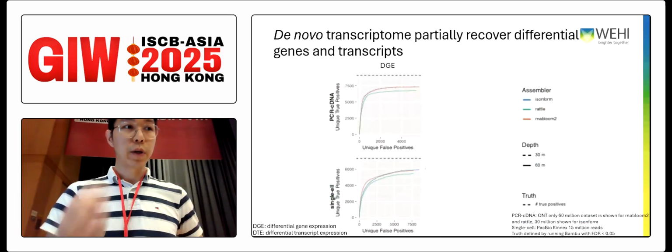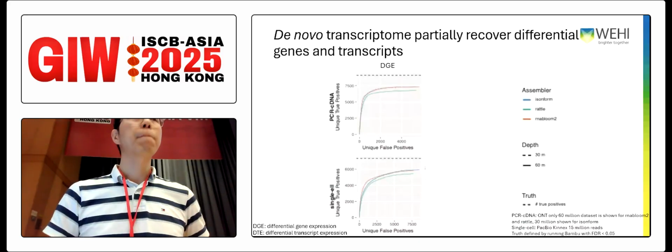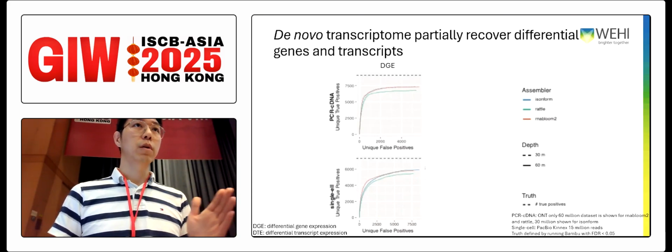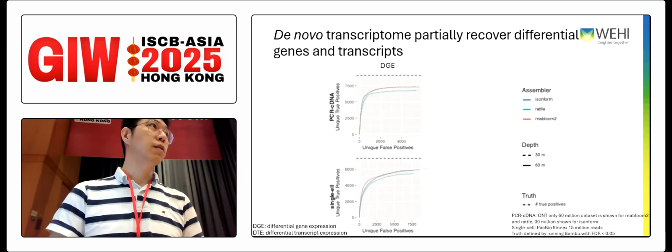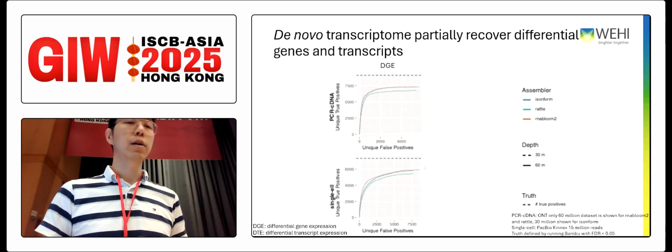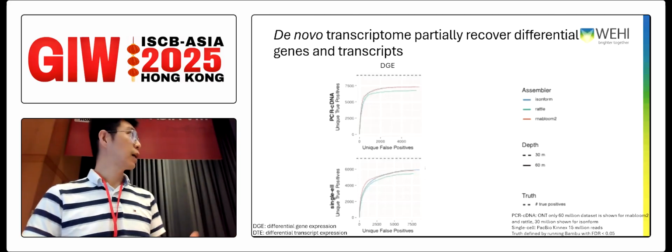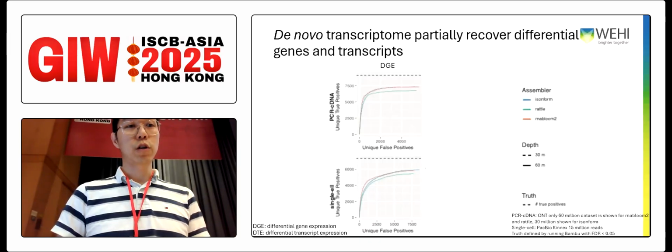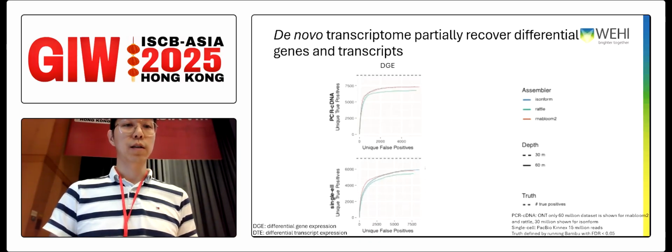The next interesting thing is that when we get the gene or transcript level expressions, naturally people will compare between conditions to obtain a set of differentially expressed genes and use that for biomarker, treatment or patient selection. So what we are looking at here is how well the de novo transcriptome can be used to do this task.